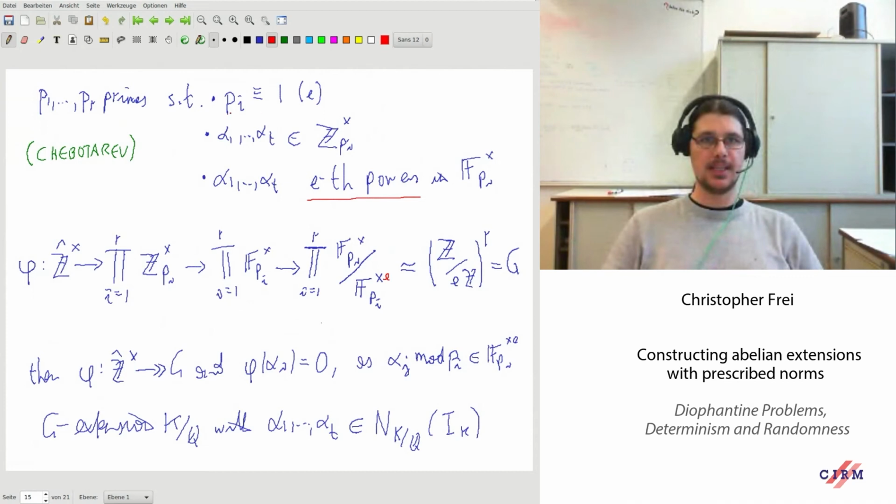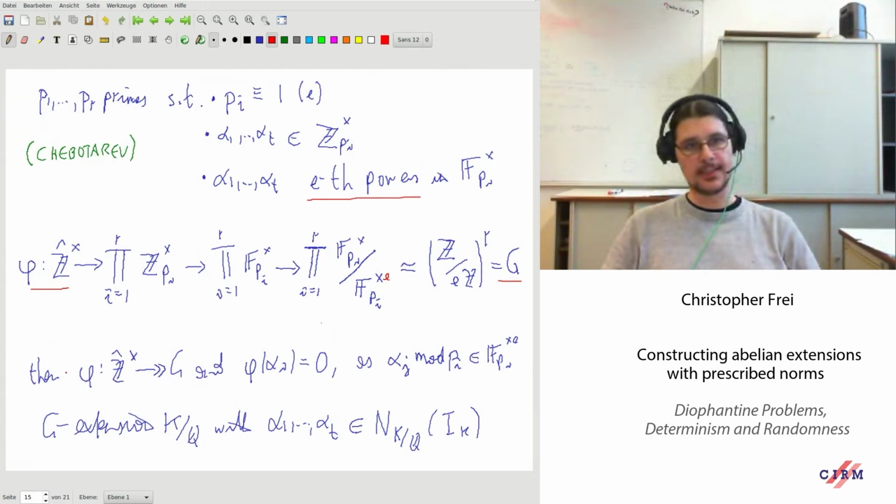So, since Pi was congruent to 1 mod E, F_Pi star is a cyclic group of order divisible by E. So if I take it modulo E-th powers, then it's a cyclic group of order E. And therefore, this product here is isomorphic to (Z mod E Z) to the R, which was our group G. Okay, so I have constructed this homomorphism phi from Z hat star to G. It's obviously surjective because each of the components is surjective.